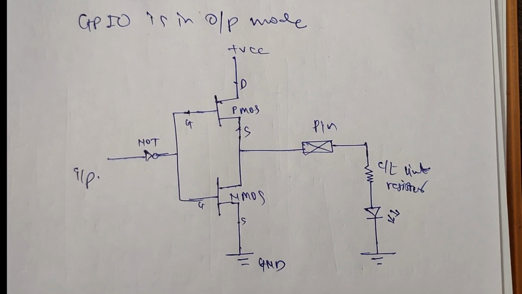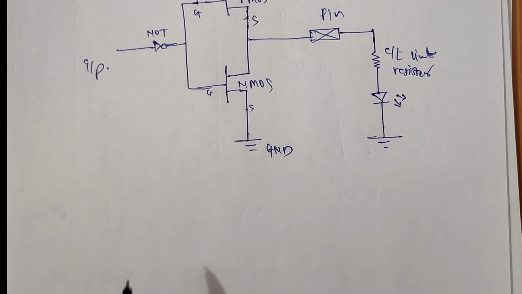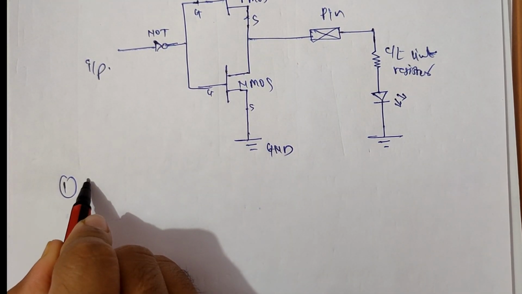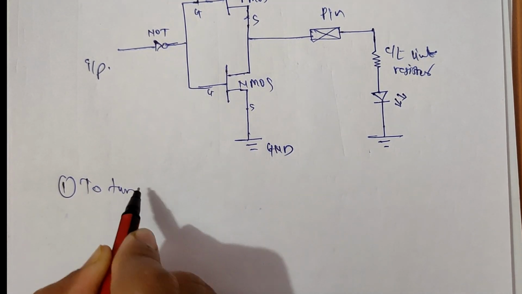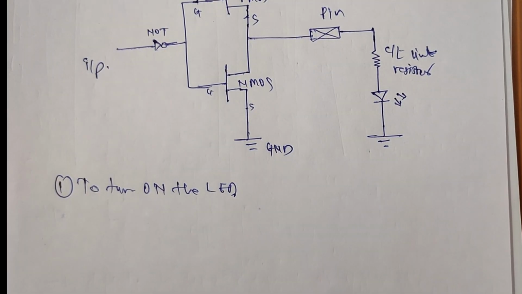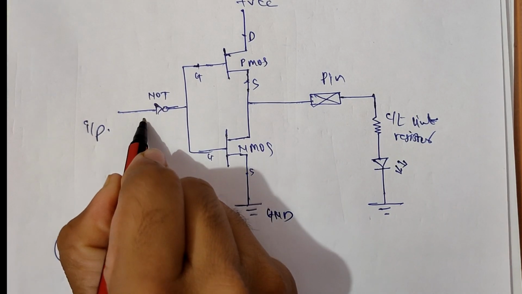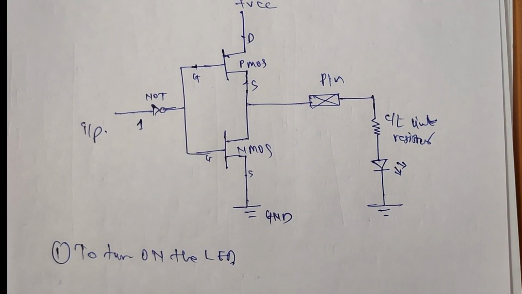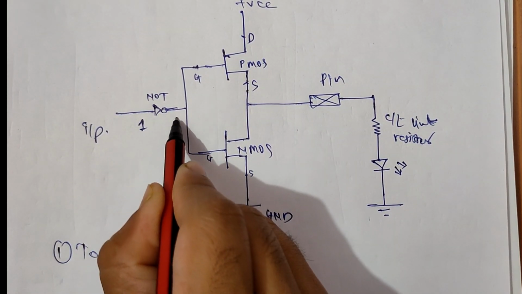So we see the flow of this block diagram. First we take 1, to turn on the LED. So give 1 to the input. As we gave 1 to the input, after the NOT gate we get 0 here.